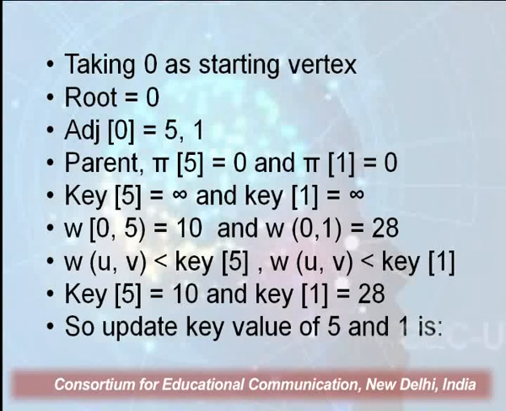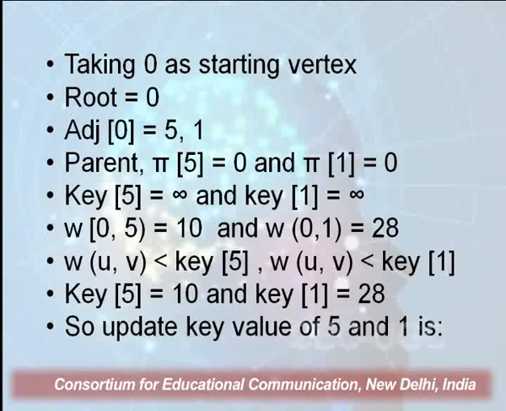The key values will be updated when the key value is greater than the weight of the edge connecting the parent and the child. So here, as we can see, the parent of 5 is 0 as well as the parent of 1 is also 0.